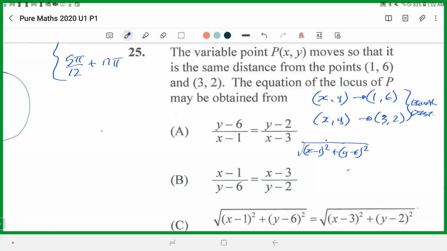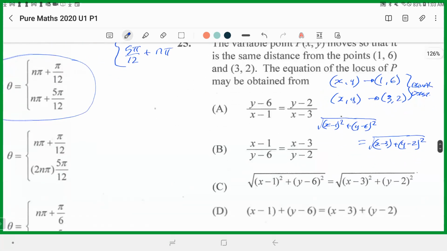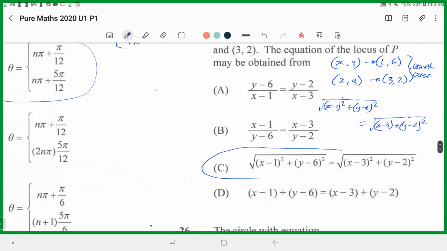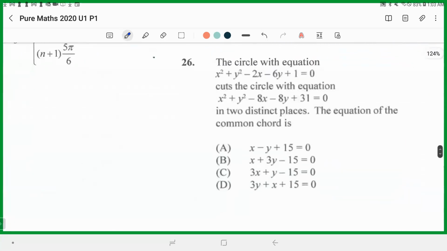That is now equal to the distance between these 2 points, which again is the square root of x minus 3 squared and y minus 2 squared. And let's see if they gave that. Yes, they did, right here. Easy question. All right, next one, 26.